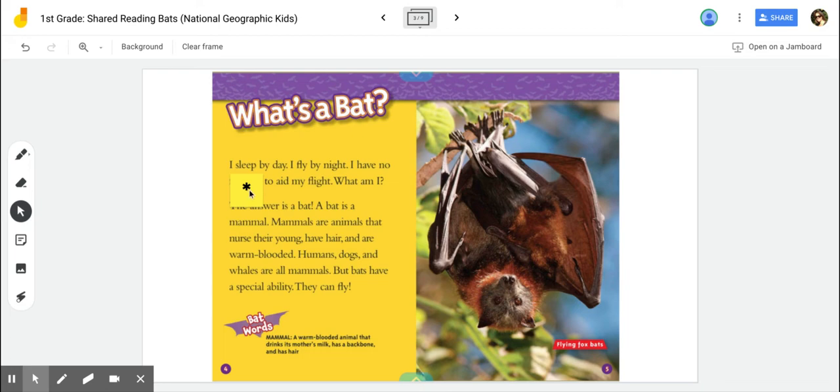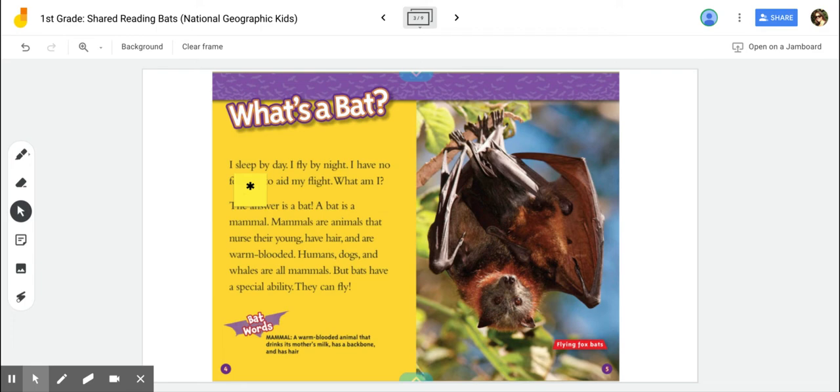Let's think. If it were feathers, what's the first sound? Feather. F. I should see an F. And if the word were engine, what's the first sound I hear? Eh, eh. I should see an E. Let's check that first sound. I see an F. Can't be engines.